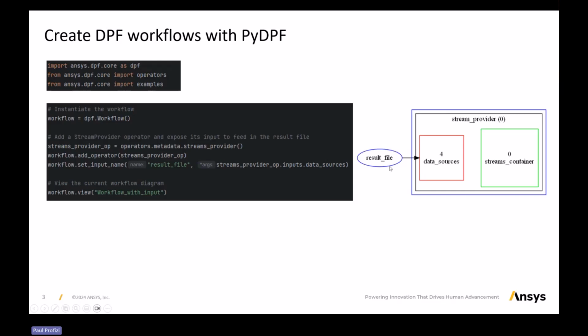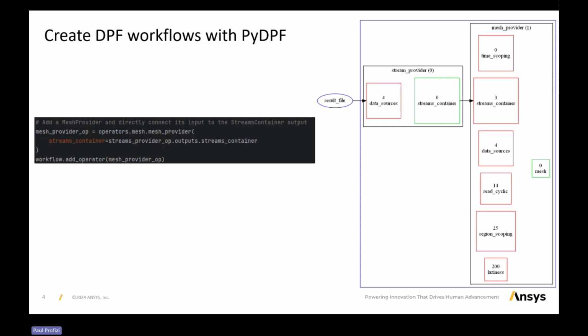And so I just exposed the data sources pin as the workflow input. That's why it's in blue and it's named result file. Also, I generated this view using workflow.view. It's based on GraphViz. It's explained in the doc. You can check the API reference for the DPF workflow. It's all in there.